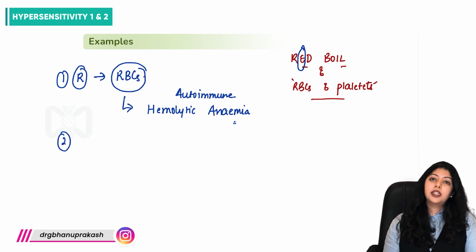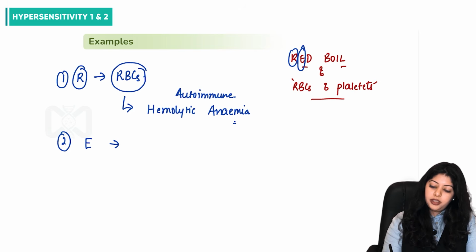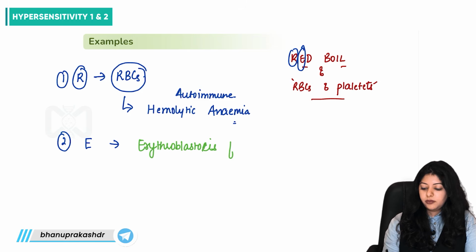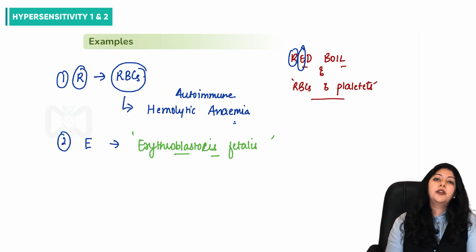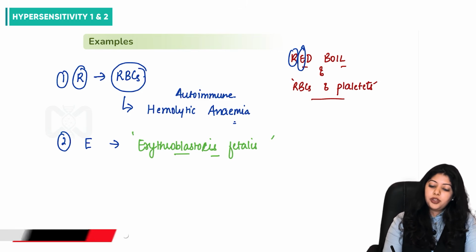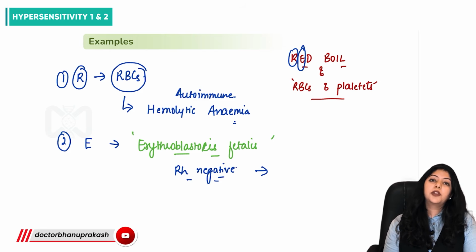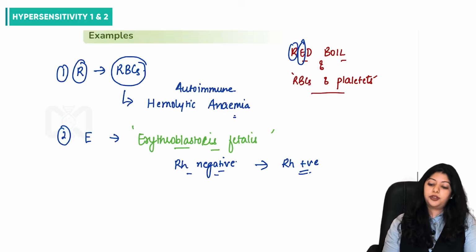Then can we use E, the second letter, for erythroblastosis fetalis? What happens in this particular type of reaction is that we have an Rh negative mother who has been exposed to Rh positive blood prior.